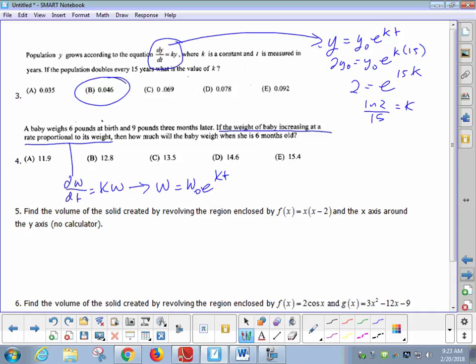Do you agree? 9 pounds 3 months later implies 9 equals 6 e to the 3k, which means k is the natural log of 1.5 divided by 3. And then you can solve the question, the weight at 6 months old: weight at 6 is 6 pounds e to that k times 6. And I got 13.5 or so. You agree? Okay.